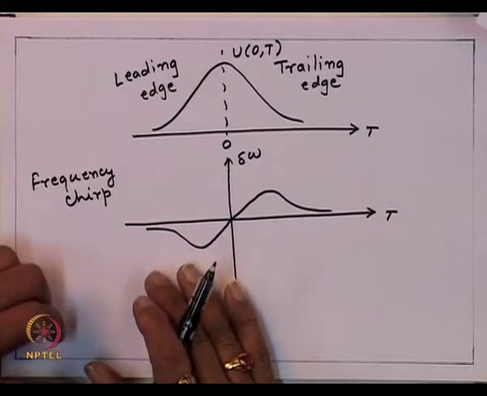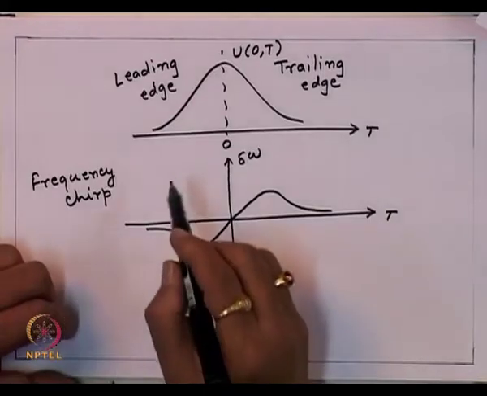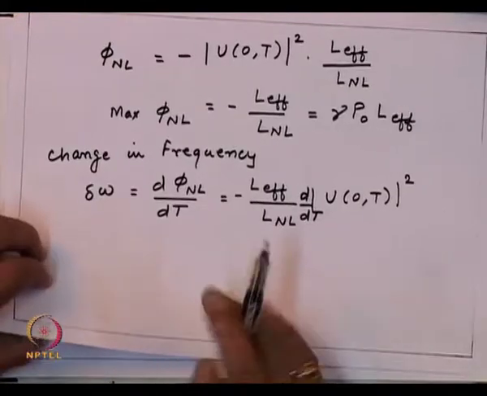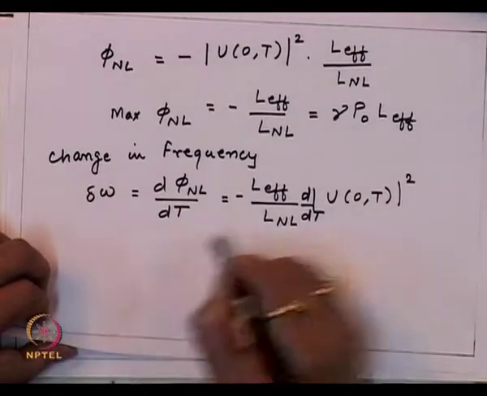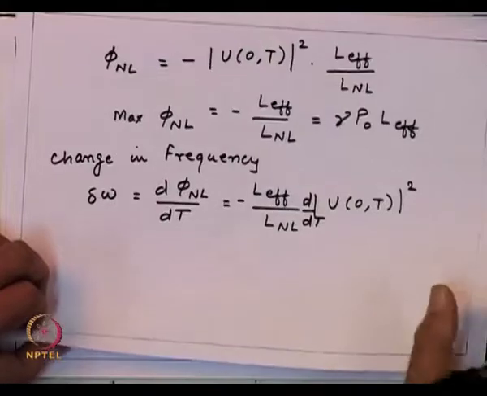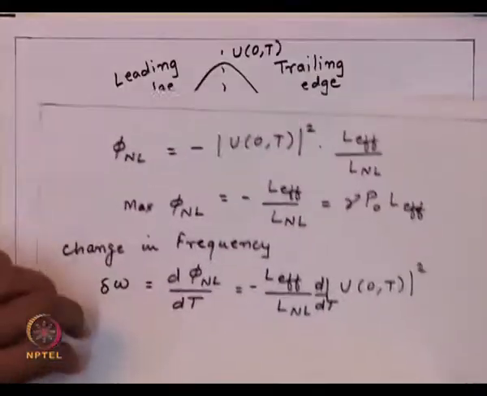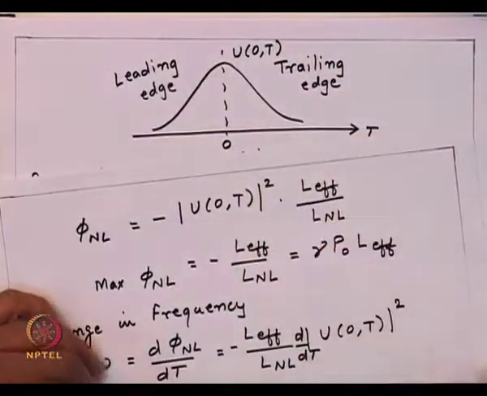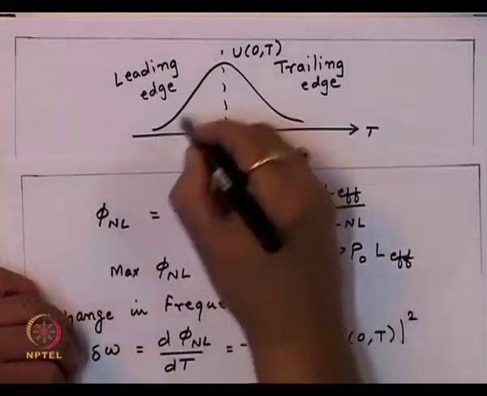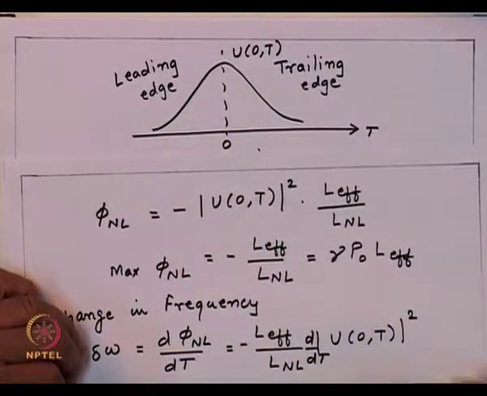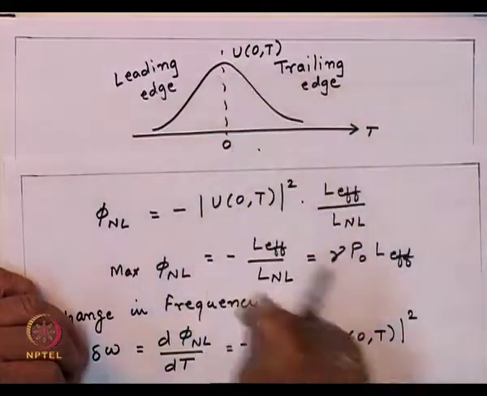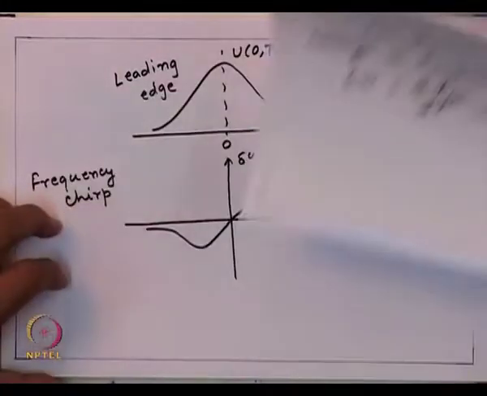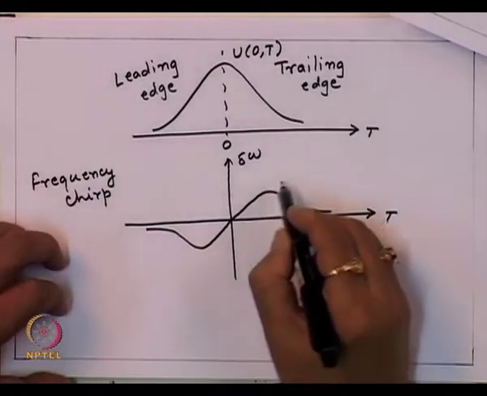Only thing is, now the frequency is always going to change from negative to positive as time increases. Because for any pulse shape like this, on the leading edge the slope will always be positive, on the trailing edge the slope will always be negative. So, you will always see the change in frequency looking typically like that.